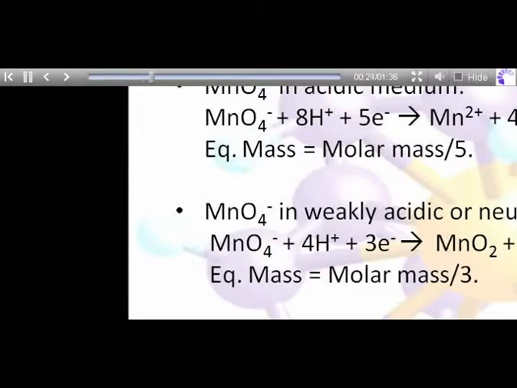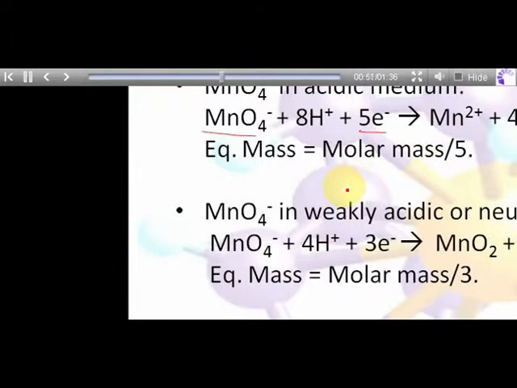In acidic medium, the reaction can be written as MnO4⁻ + 8H⁺ + 5e⁻ → Mn²⁺ + 4H2O. As you can see, 1 mole of potassium permanganate reacts with 5 moles of electrons. So, the equivalent mass of potassium permanganate will be equal to its molar mass divided by 5.